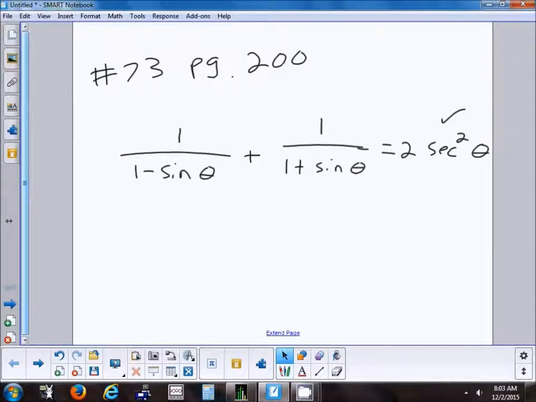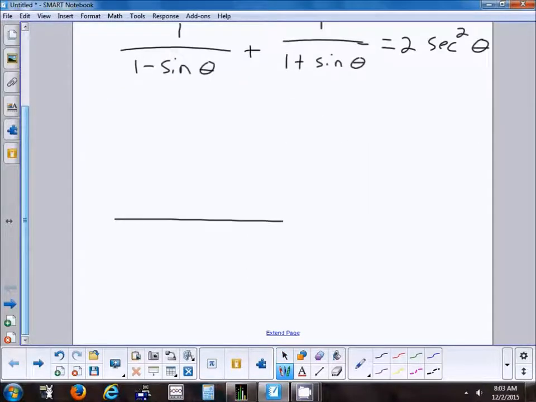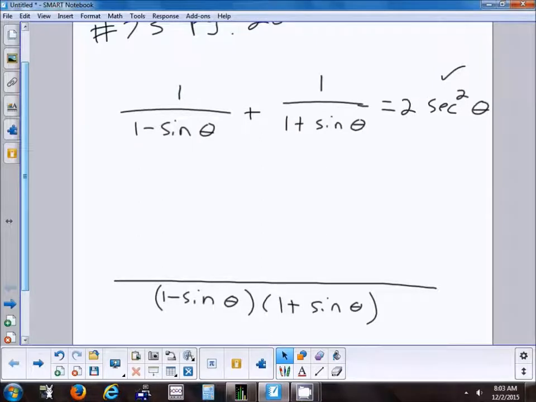Okay, so my goal here is to find a common denominator. One way to find a common denominator is just to take the two that you have, 1 minus sine on the left, 1 plus sine on the right, and multiply those together. Now I look at the fraction on the left. It has a denominator 1 minus sine. It's missing the denominator 1 plus sine.